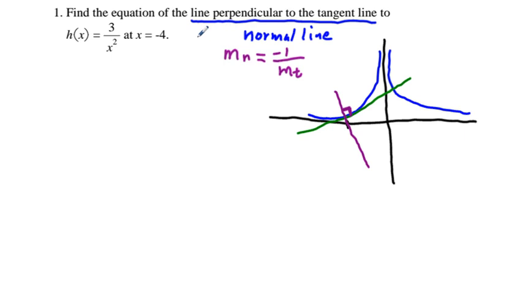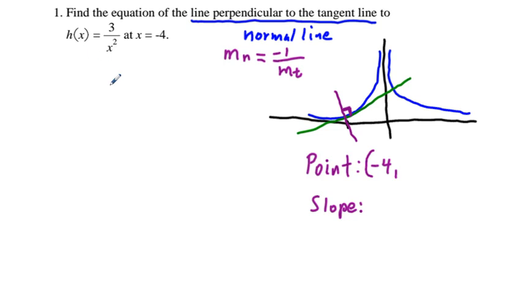And what do we need to find the equation of a line? We need to have two things. We need to have a point, and we need to have a slope. And then we go about acquiring these things. And for our point, as we're often given these types of problems, we have an x-coordinate of -4.